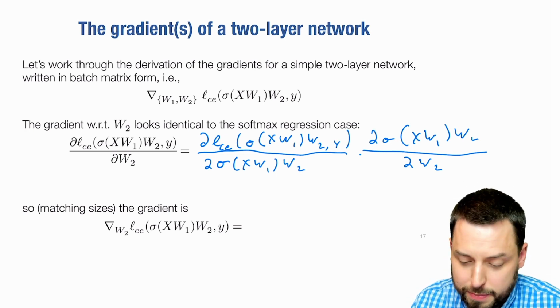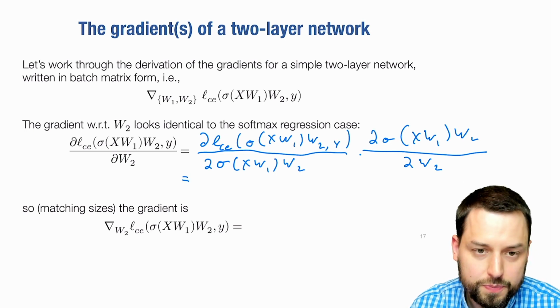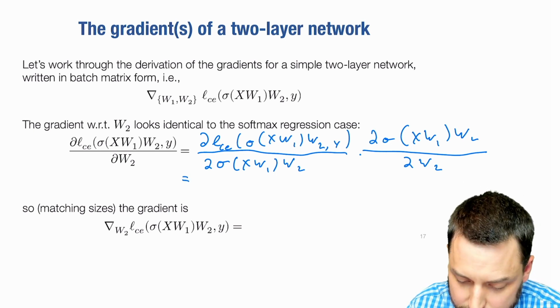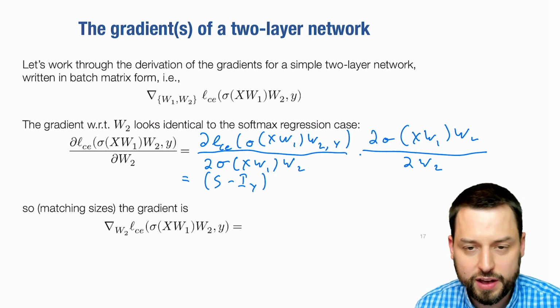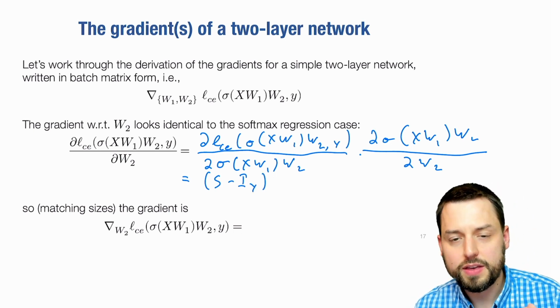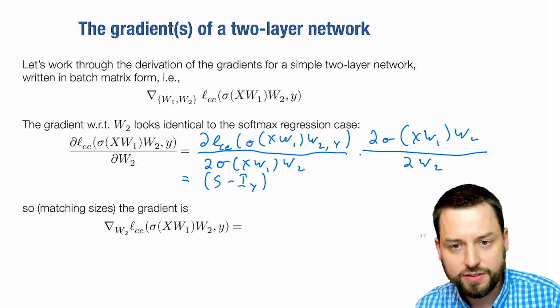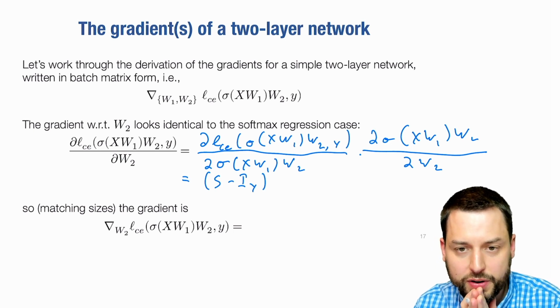So this is just equal to S minus I_y. We used Z last time for the softmax applied to the last layer of the network.